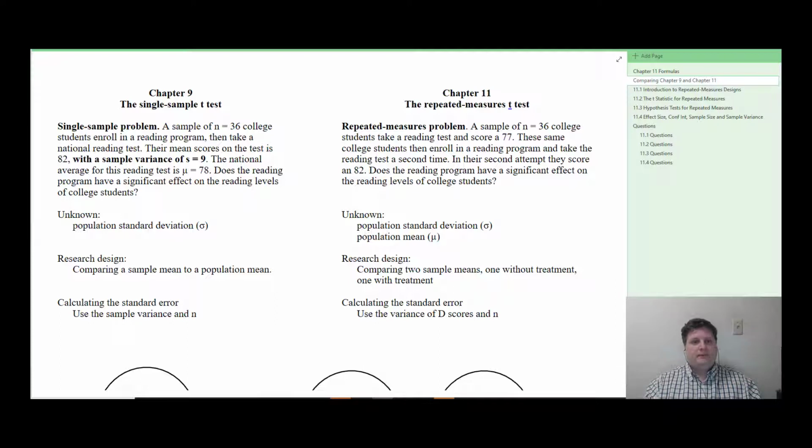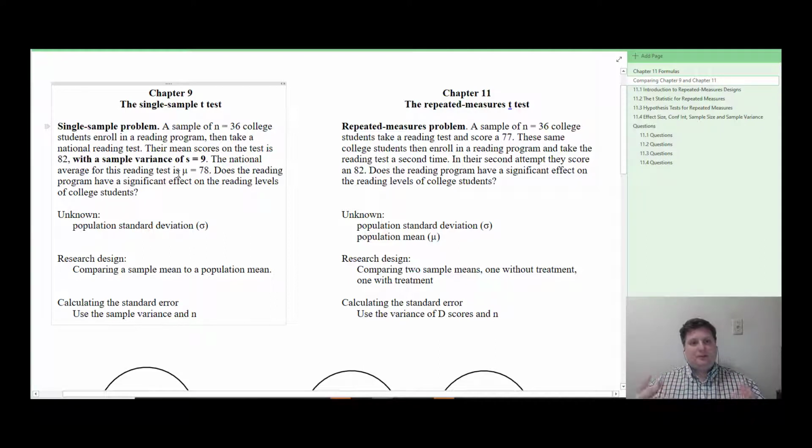And then in chapter 11, we've got a sample that we're testing twice. We're finding the difference, and that difference between the before and after, we're going to treat just the same way that we treated the single sample test before in chapter 9. So hopefully when I go into the details, the concrete example, this will light up inside your brain.